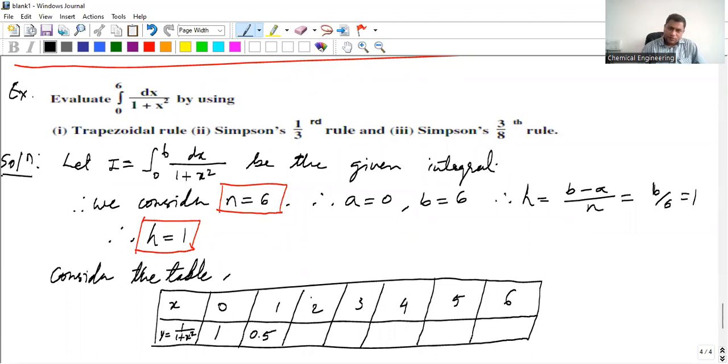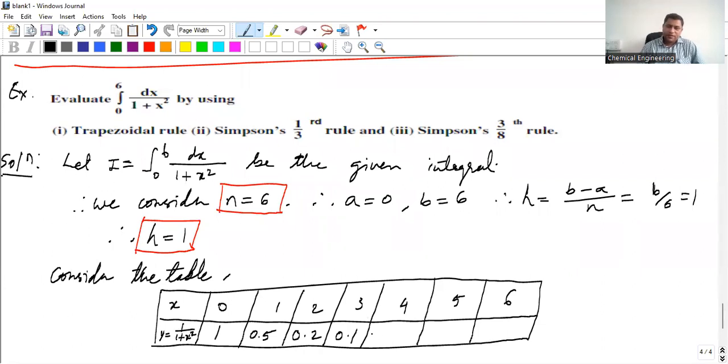Now if I put x is equal to 2, it will be 1 by 5, and that is going to be 0.2. If I put x is equal to 3, that is 1 by 10, which is 0.1. If I put 4, this will be 1 by 17.